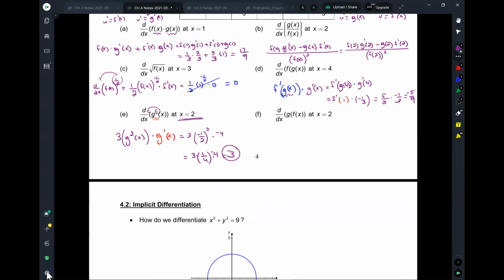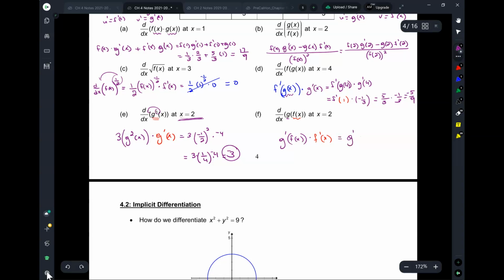Again, we have g of f of x. We need to take a derivative of. So I start with the outer function, g prime of f of x, times the derivative of this, f prime of x. Okay?